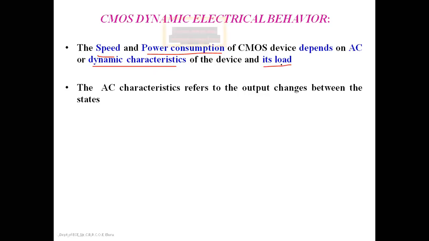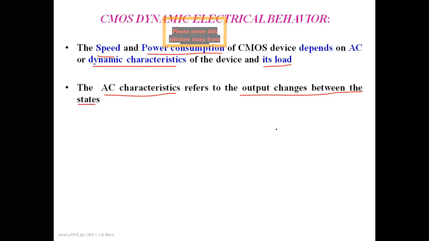The dynamic characteristics of the CMOS device are also called the AC characteristics. Why are they referred to as AC characteristics? Because the output changes between the states.